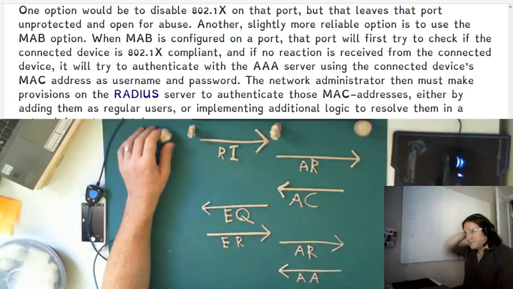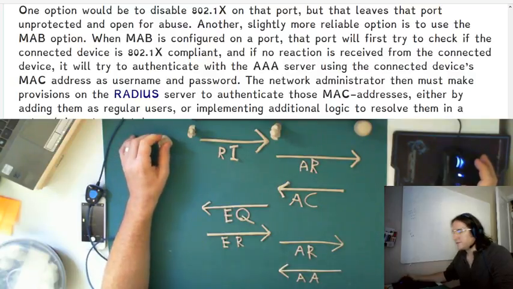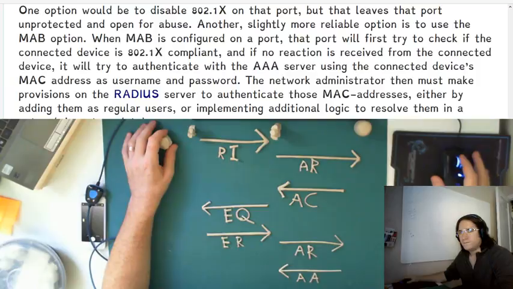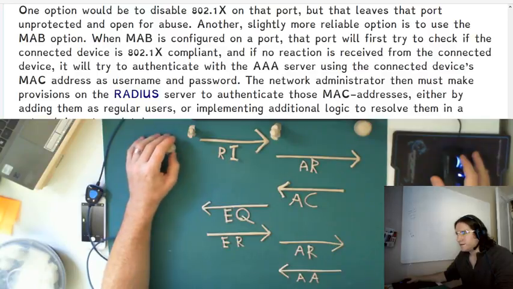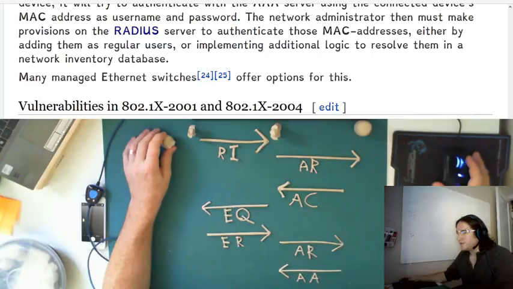When MAB is configured on a port, that port will first try to check if the connected device is 802.1x compliant. If no reaction is received from the connected device, it will try to authenticate with the AAA server using the connected device's MAC address as a username and password.